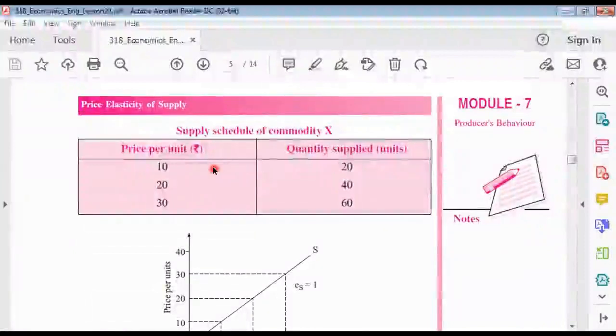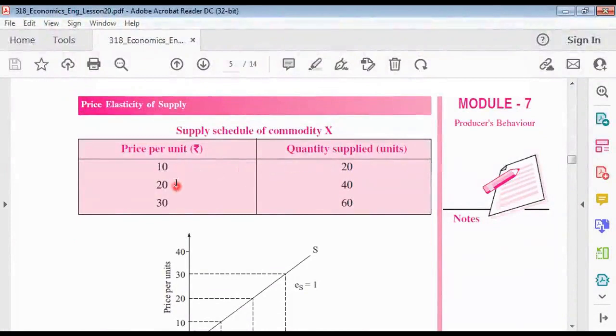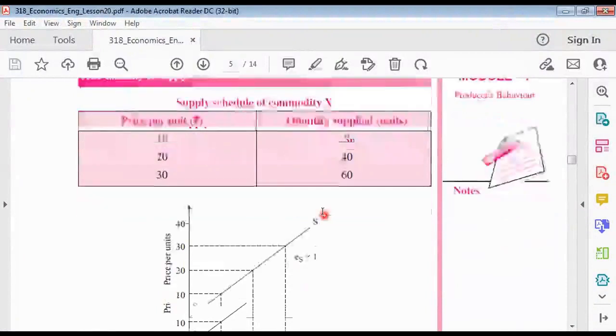Look at the graph, look at the table. Price is 10, quantity supplied is 20. Price rises from 10 to 20, quantity supplied rises from 20 to 40. Price rises from 20 to 30, quantity supplied rises from 40 to 60.